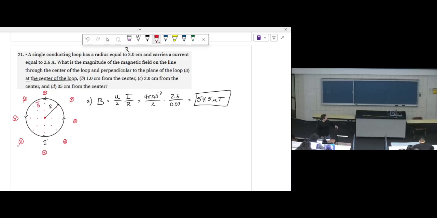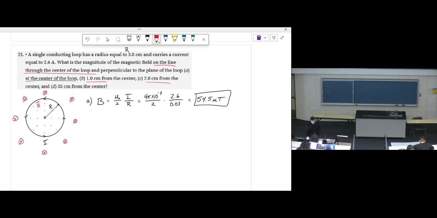And as we look at the point that is in the center of the circle, but raised out of the screen a little bit, which is what's being asked here: 1 centimeter above the center, 2 centimeters from the center, and 3 centimeters. It always says, what is the magnetic field on the line through the center of the loop.